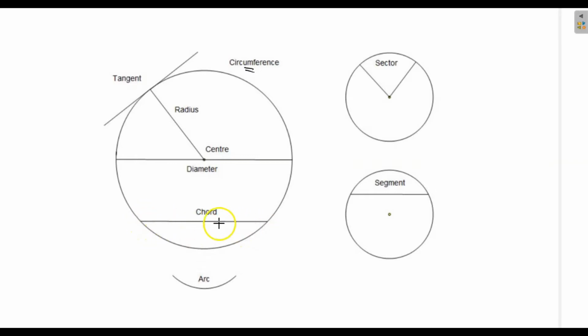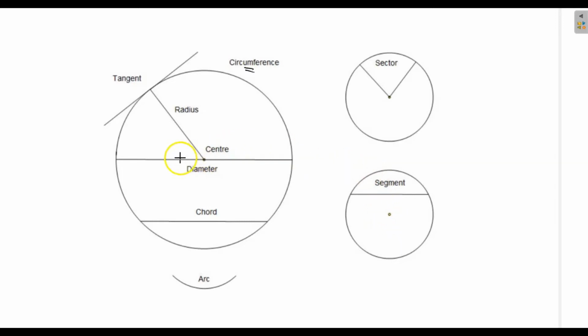A chord is a line drawn to partition a circle into two segments. And we said that we have the minor segment and we have the major segment, in the case whereby the chord is not passing through the center of the circle.